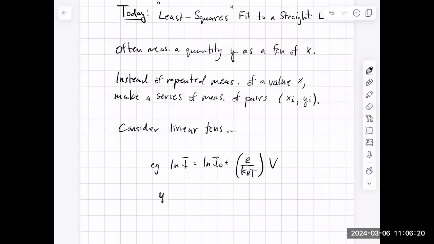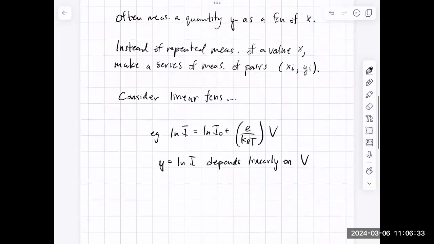And it turns out the ln of I is a linear function of the voltage. So if we set Y equal to ln I, it depends linearly on the voltage. So this linear function would be something like Y is A plus BX, where A is the intercept and B is the slope.